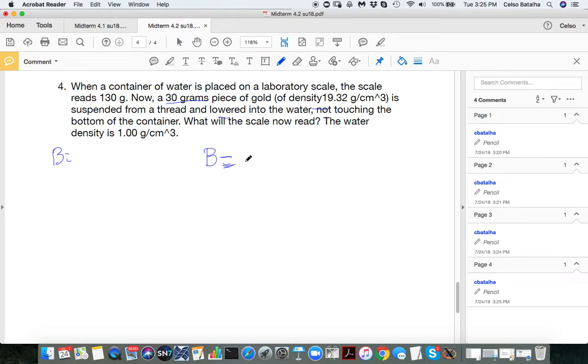So the buoyant force is equal to the weight of liquid displaced or fluid displaced, which is rho of the liquid times the volume of the liquid displaced times 9.8. Now, the scale is going to read that divided by 9.8, which is rho of the liquid times the volume of the liquid displaced.